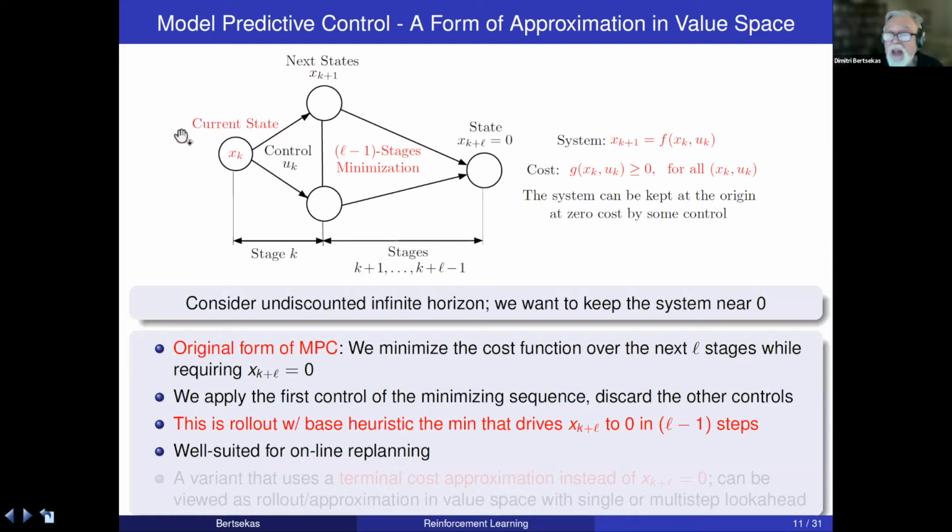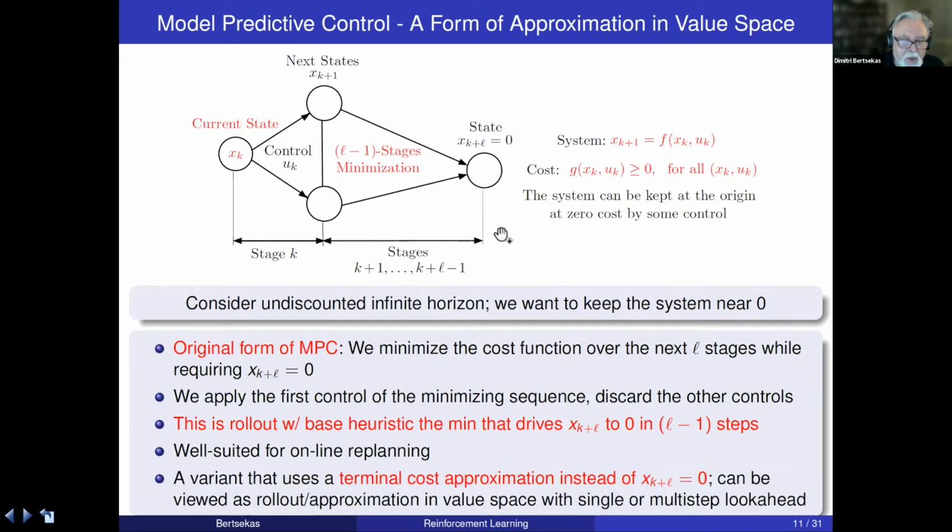Okay, there are many variations of MPC. There's a very wide literature, and MPC for deterministic problems, for stochastic problems, different treatments of constraints, and so on. But a major variation is the following. Instead of driving the state of the system to 0, L steps ahead, we just use a terminal cost function approximation that penalizes deviations from 0.